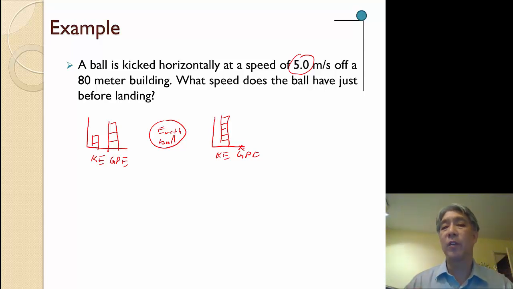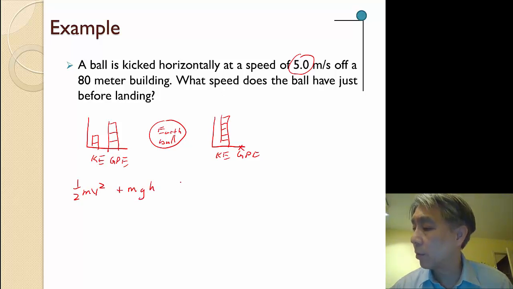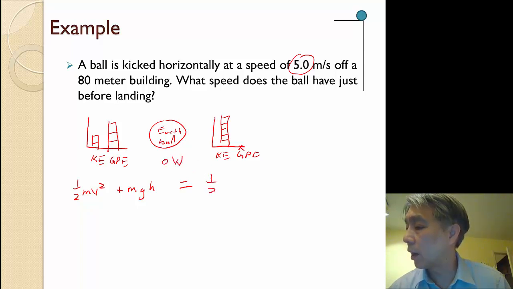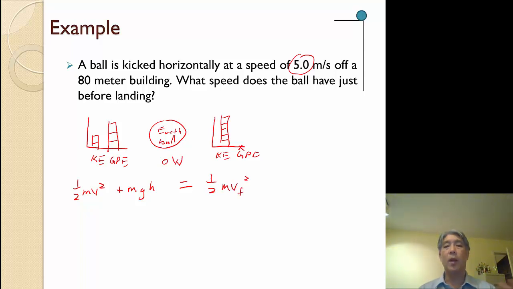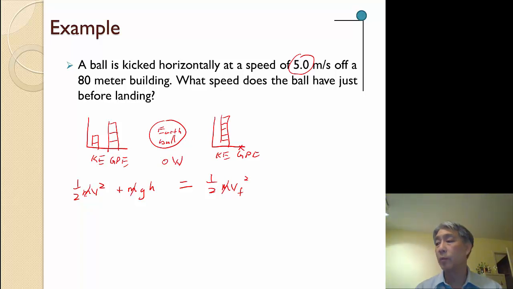From there, we can start filling in numbers, because in the beginning I do have 1/2 mv squared, and I have mgh, and that's going to equal, because I have 0 work, no external forces, 1/2 m v final squared. I realize I never gave you the mass of the ball. Fortunately, my m's cancel everywhere.